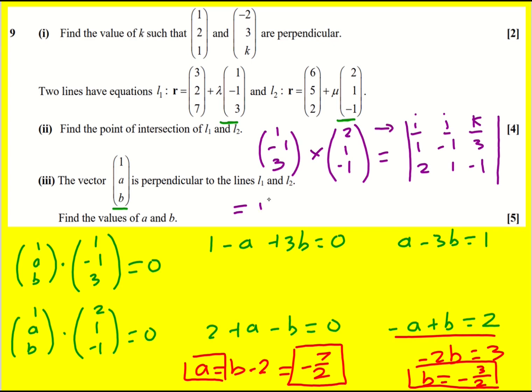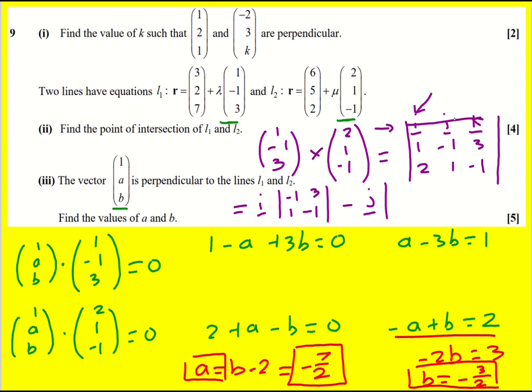I get i times the determinant of minus 1, 3, 1, minus 1. This one's positive because it's the first row, first column, minus 1 to the power of 2. But the next one becomes minus j, because that is the first row, second column, so it's minus 1 to the power of 3. It's important to get that in there.